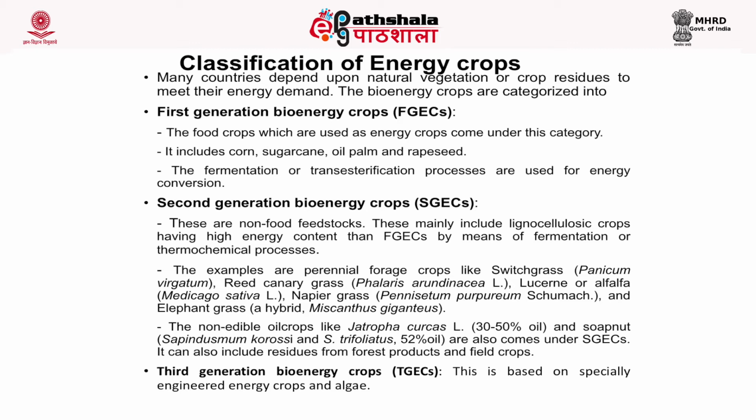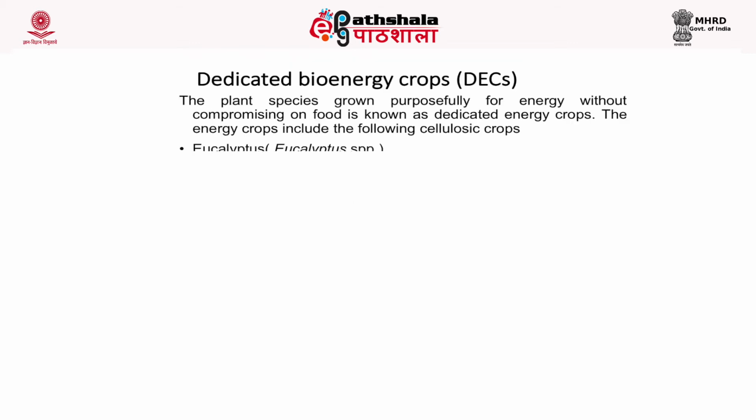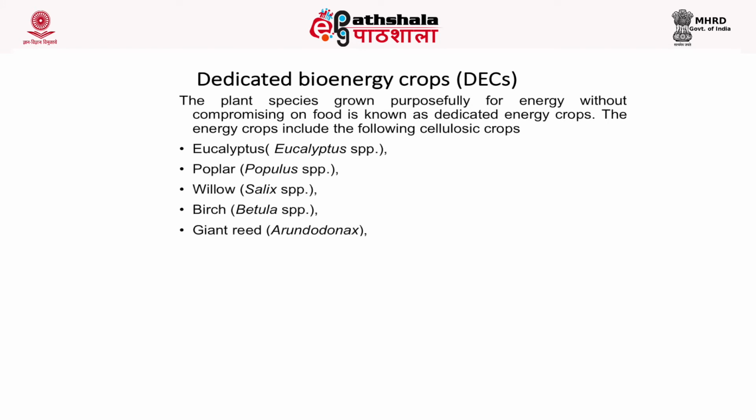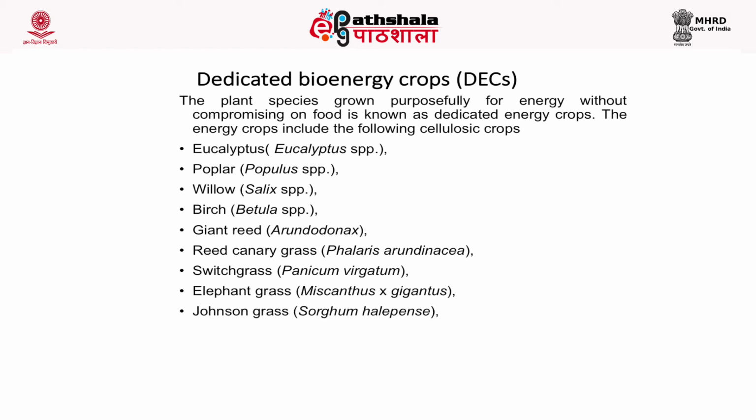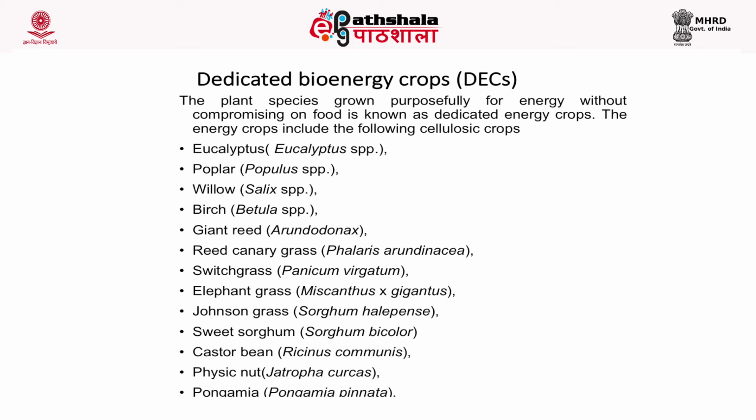The third generation bioenergy crops, TGECs, are based on specially engineered energy crops and algae. The dedicated bioenergy crops are plant species grown purposefully for energy without compromising on food. These species are known as dedicated energy crops.